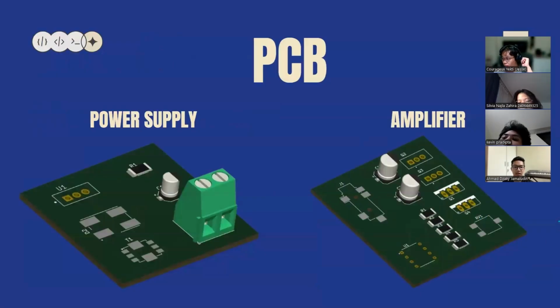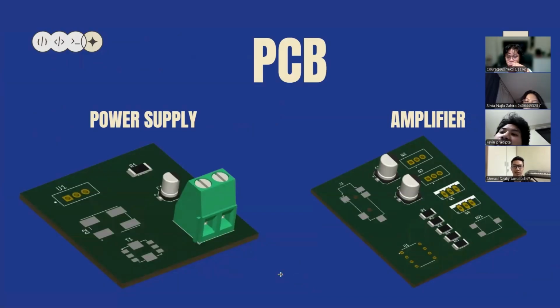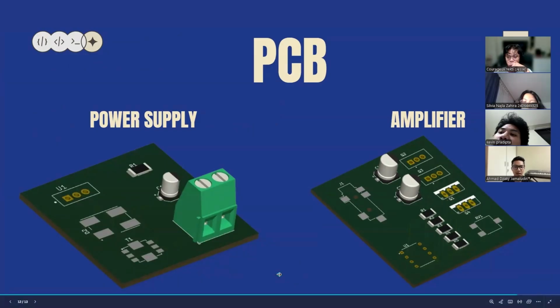So this is our PCB for the power supply and amplifier. We are making this PCB in KiCad software. This is basically the exact same circuit that we explained before, just translated into a PCB model.